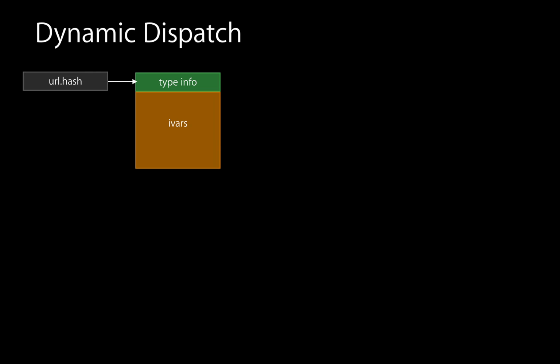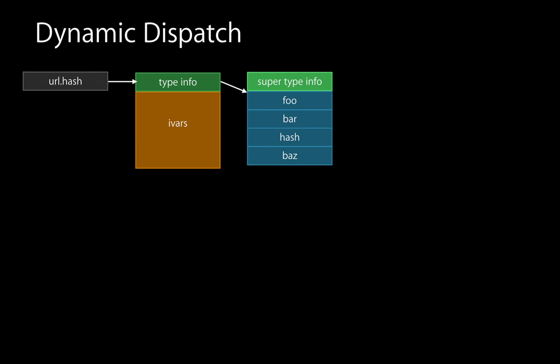The isa pointer for that object would be the type information. One of the things that the type information tells us is which methods does this object's type implement. And in this case, one of the ones that an NSURL implements, in the example on the slide, is hash. So we found it. We know which hash to call, and we're done.